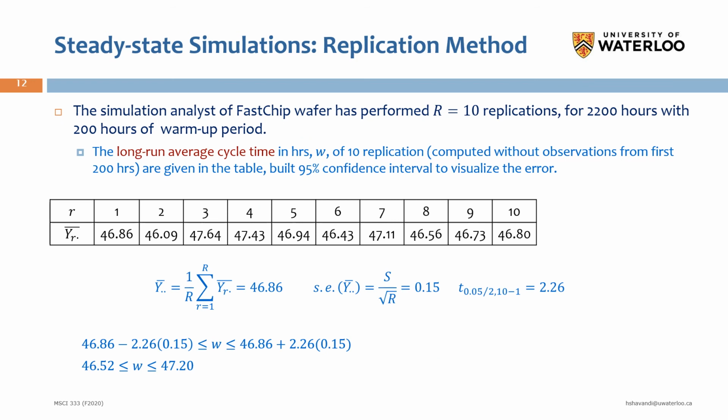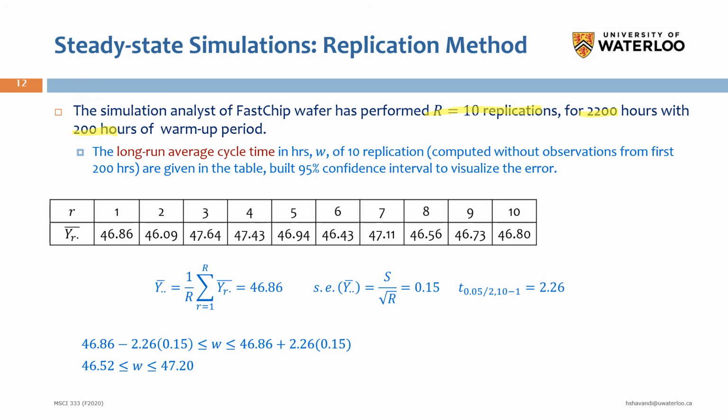Let's have an example here. We have the simulation of a fast chip wafer, simulated for 10 replications and 2,200 hours, and the first 200 hours is the warm-up period, and the observations for that warm-up period have been eliminated.